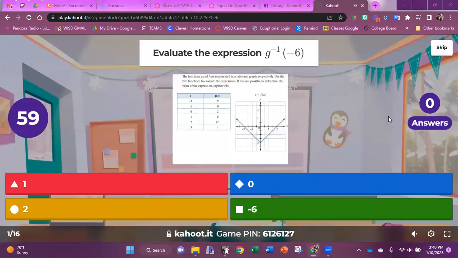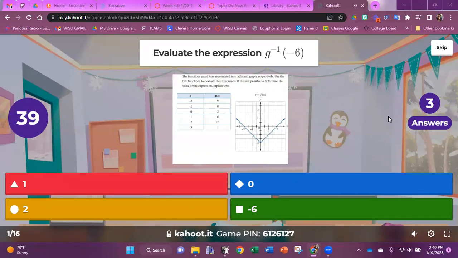So the first thing you have, you're going to evaluate the inverse, G inverse of -6. Remember, when you're looking at the inverse of something, that means instead of starting with X, you're starting with the Y and finding your X. Inverse means you're going backwards.